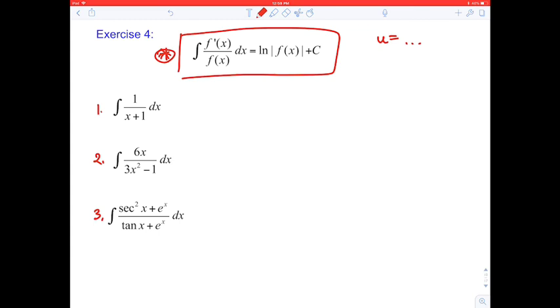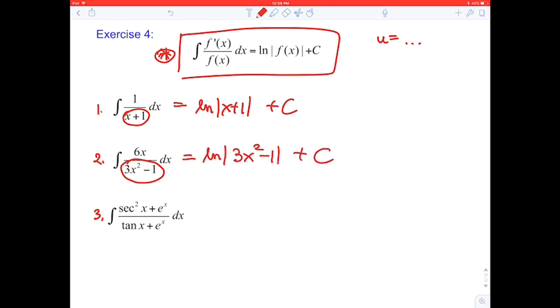The derivative of x plus 1 is 1, so I can just say ln of the denominator. The derivative of 3x squared minus 1 is 6x, nothing else, so ln of the denominator. And the derivative of tan x plus e to the x: the derivative of tan x is secant squared of x, and the derivative of e to the x is just e to the x.